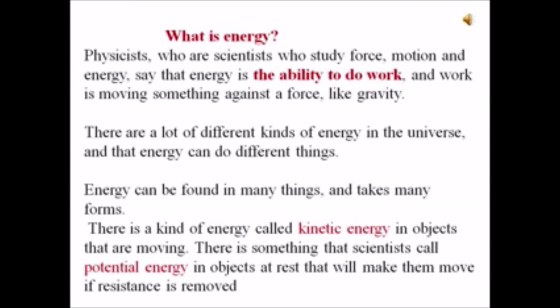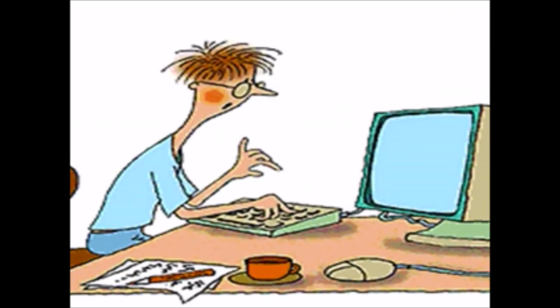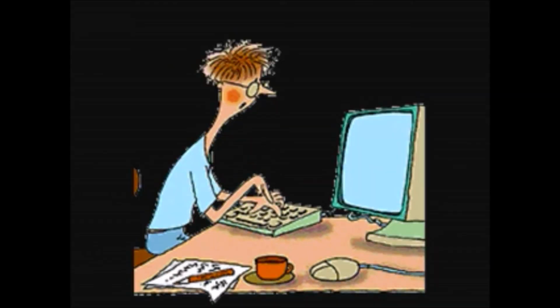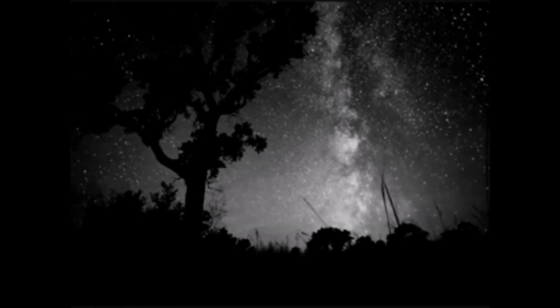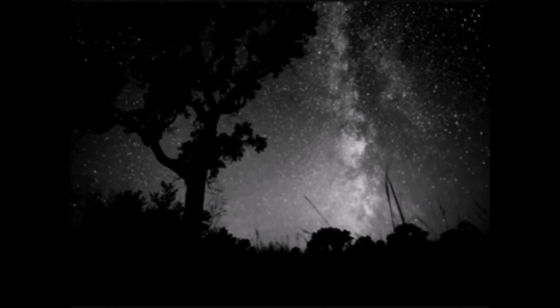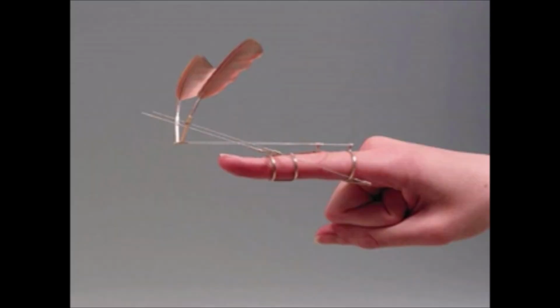Then what is energy? Physicists, who are scientists who study force, motion, and energy, say that energy is the ability to do work, and work is moving something against a force like gravity. There are a lot of different kinds of energy in the universe, and that energy can do different things.